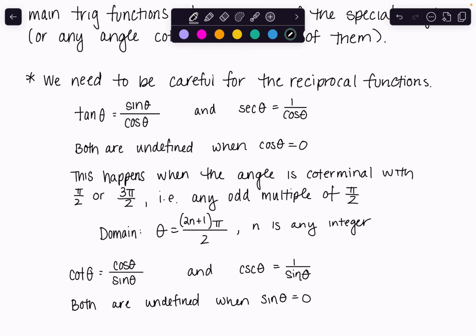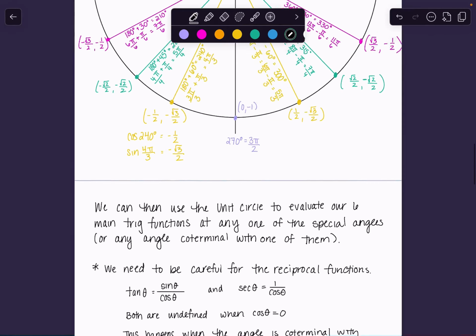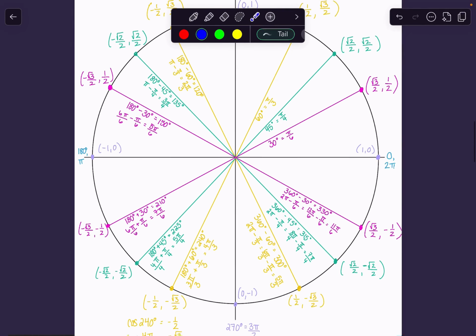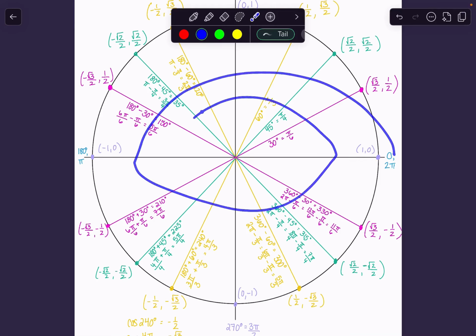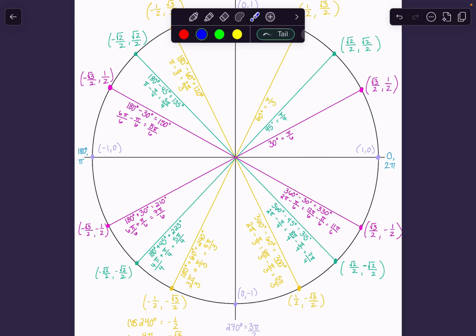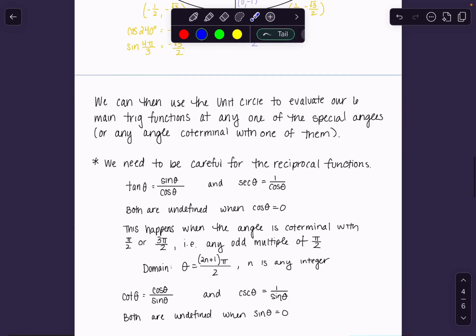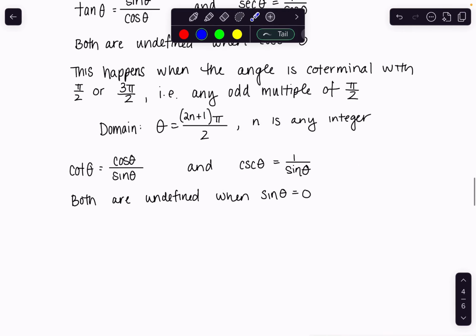Going back up to my unit circle for that, sine of theta is the y-coordinate. That's going to happen when we land on the x-axis. These are much nicer though, because this is 0, pi, 2 pi, 3 pi, 4 pi, 5 pi, 6 pi, 7 pi, really any multiple of pi. So this one's much nicer.